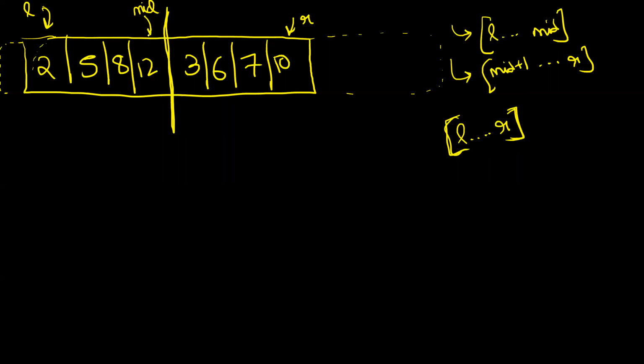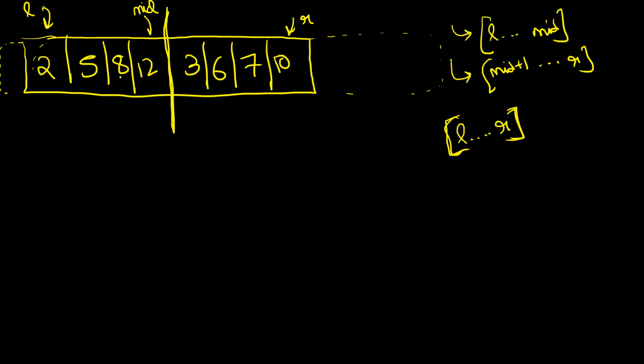From index L till index mid of an array is sorted, and from index mid plus 1 till R is another sorted sequence. I want you to perform a merging of these two sorted subparts. Same question, repeating. In the earlier case, we had two different sorted arrays.